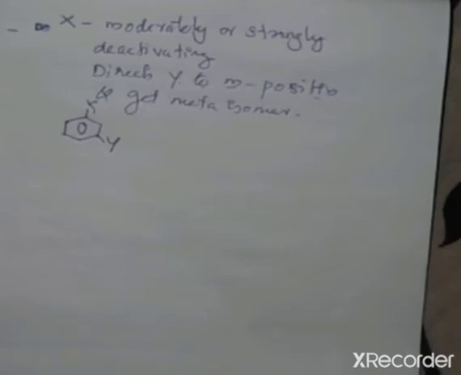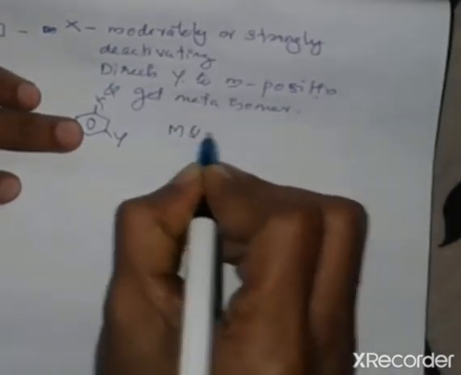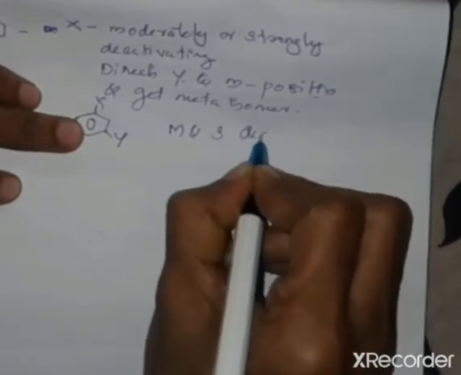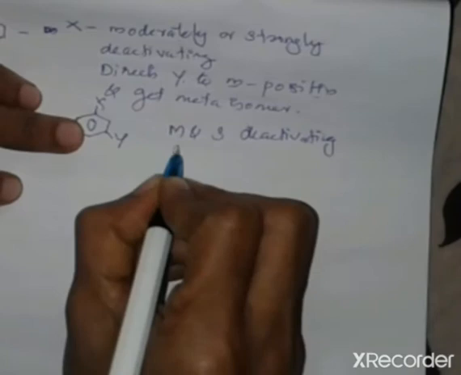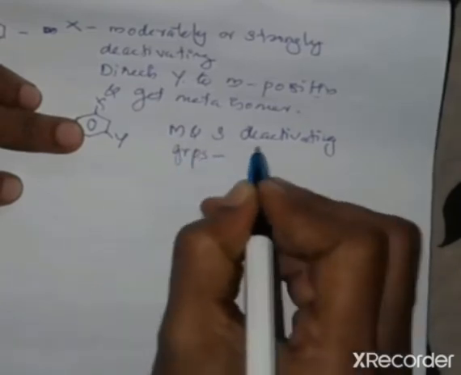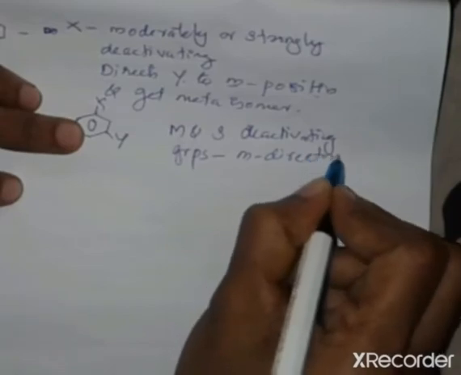That is, all activating groups and weakly deactivating groups are ortho para directors, and the moderately deactivating and strongly deactivating groups are meta directors.